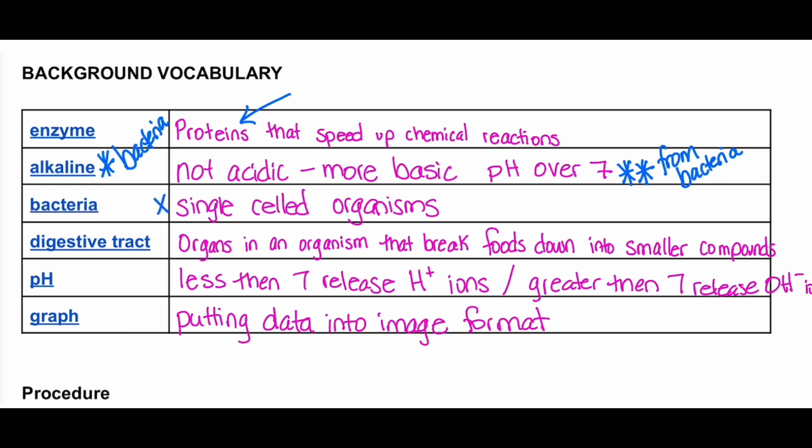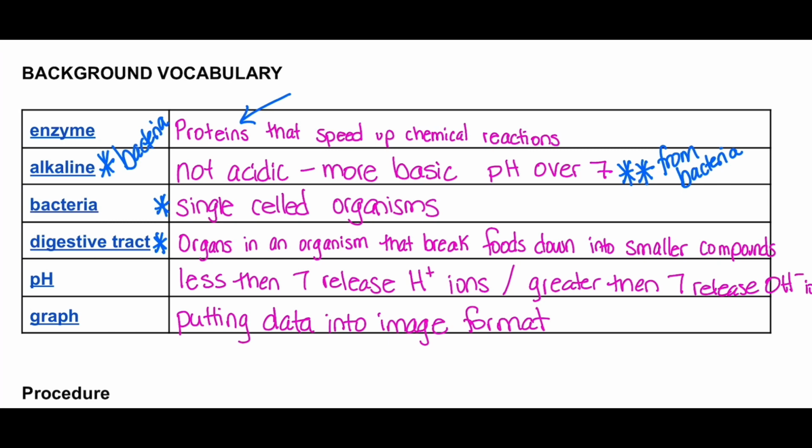Bacteria are single-celled organisms, and we're trying to figure out which enzyme comes from the single-celled organism. We also want to find out 2 of them are going to come from the digestive tract of a mammal. Those are simply the organs in an organism that break down their food into smaller compounds. If we have a pH that's less than 7, then that means that hydrogen ions are being released.